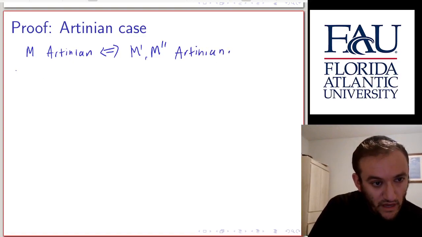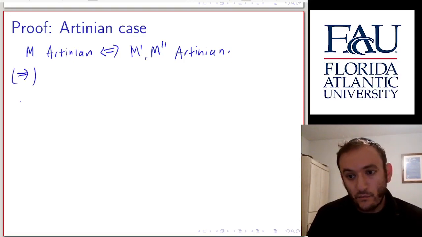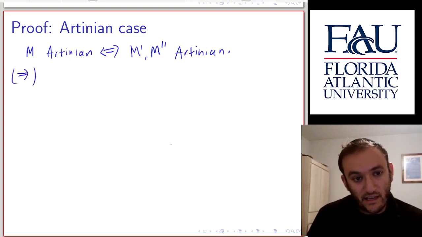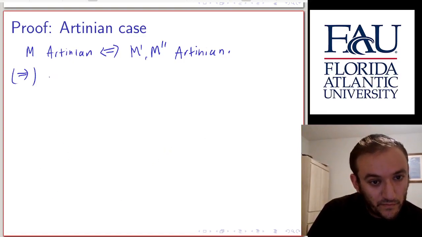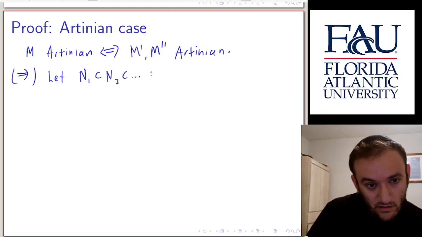So let's prove this direction first. Assume that M is Artinian. We want to check that M double prime and M prime are also Artinian. So let N1, N2, etc. be a chain of submodules of M prime.